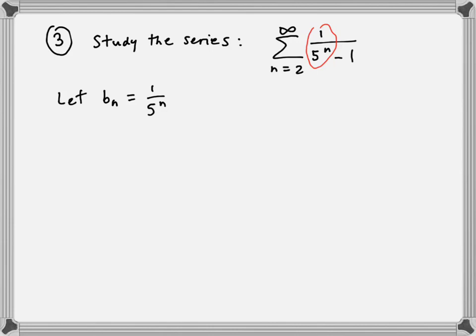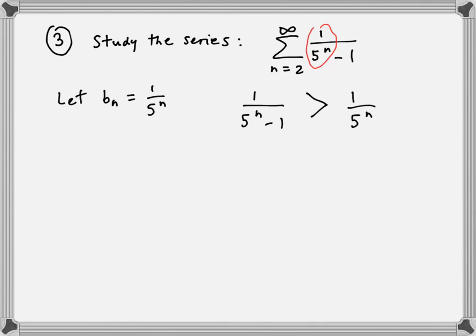Let's go ahead and compare these two. Okay, how do we compare 1 over 5 to the n minus 1 and 1 over 5 to the n? Well, I'm hoping it's clear that the one on the right has a larger denominator, therefore it is smaller. So this guy is bigger.